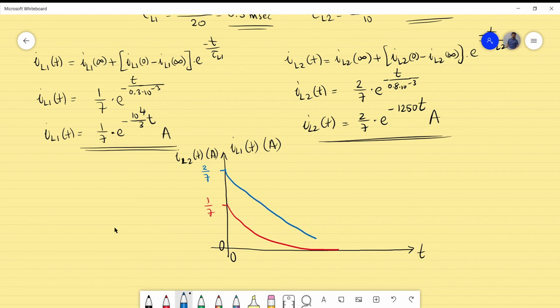It will be, of course, not a linear function. Okay, so this blue is the IL2, and the red one, this one, is IL1. This will give us the sketch for the currents through the inductors.